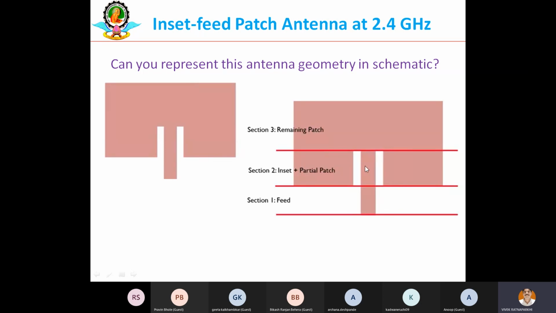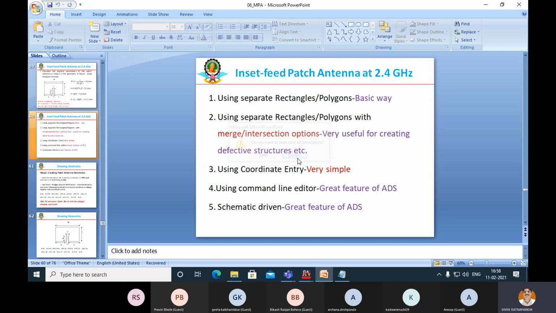So section 1, section 2, section 3: the couple line with three sections of variable widths, and spacing 1 will be this and spacing 2 will be this. This is the way you can make your schematic and generate its layout. So it will give you inset-feed patch antenna in a layout window. Isn't it interesting?